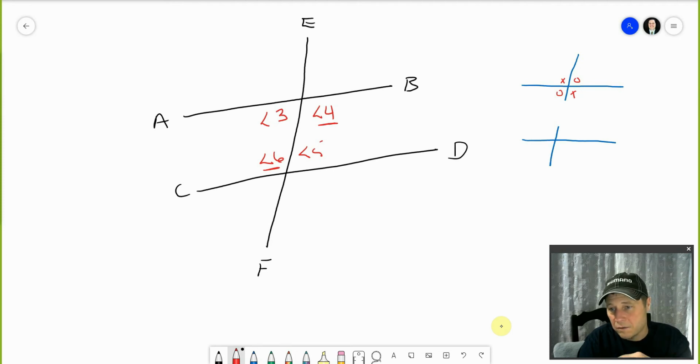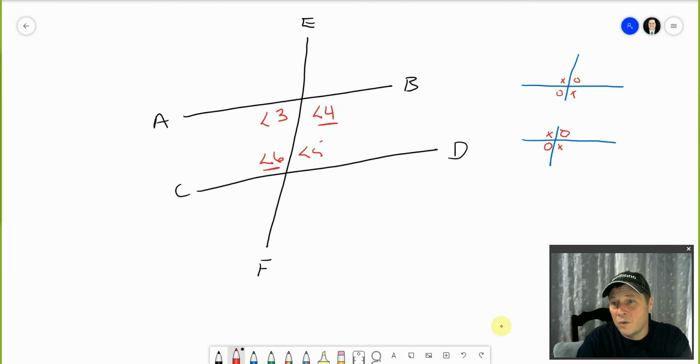They're identical, right? Because this line and this line are parallel, they will drop right on top of one another. And because this is a shared line, it's in the same place, right? So if this angle and this angle are the same, they're also the same as this angle and this angle. And these two angles are the same.